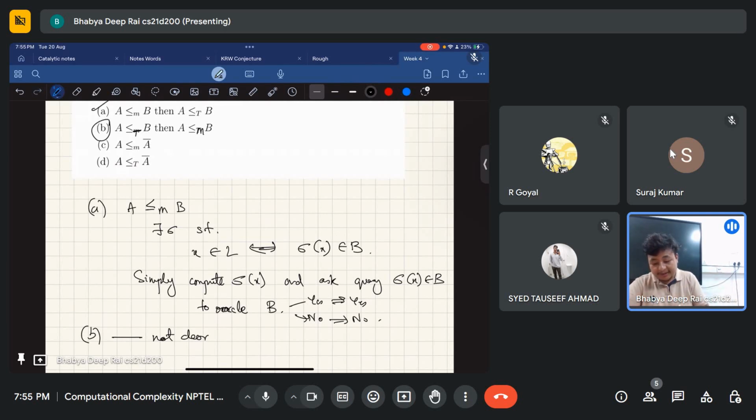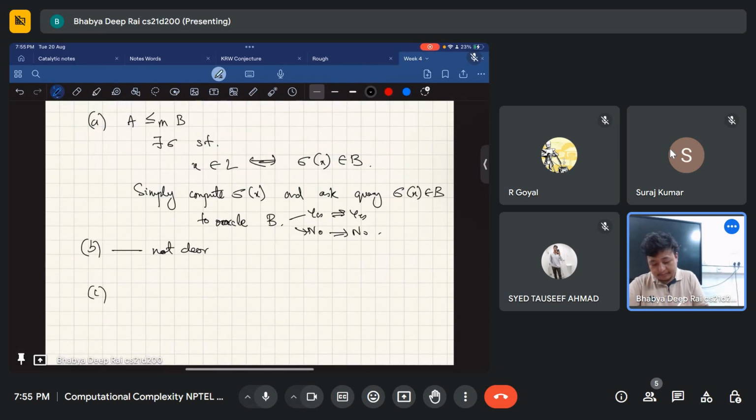And again, A many-one reduces to A complement. Now this is not only not clear, this is not true at all. Why?